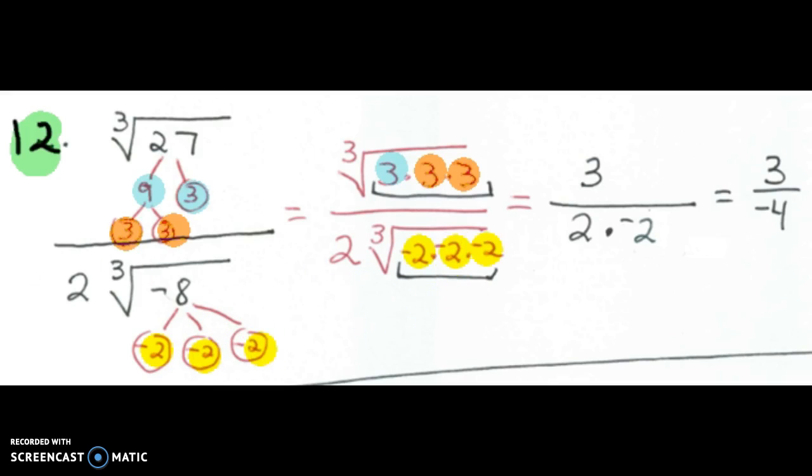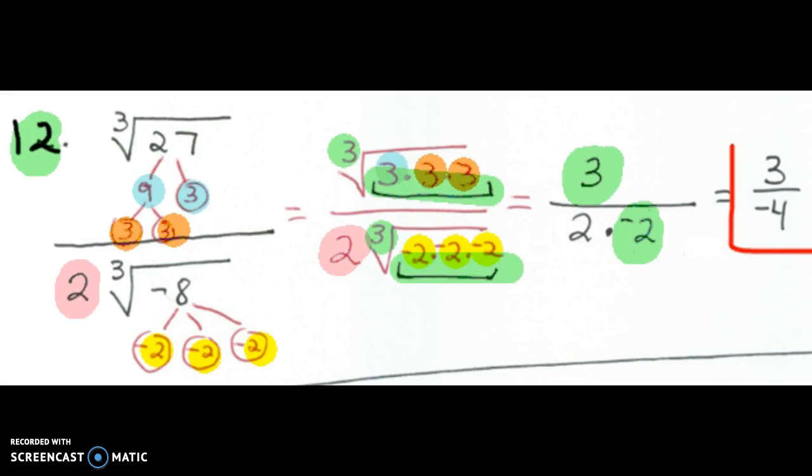That's where these numbers come from. This 2 isn't under the radical, so it stays outside of the radical. I am looking for index of 3, so sets of 3's to come out. So I have one set of 3's, that's where that came from. I have one set of negative 2's, that's where that came from. Then I'm going to multiply them, and I get this answer.